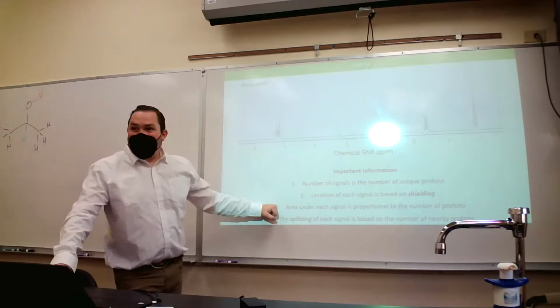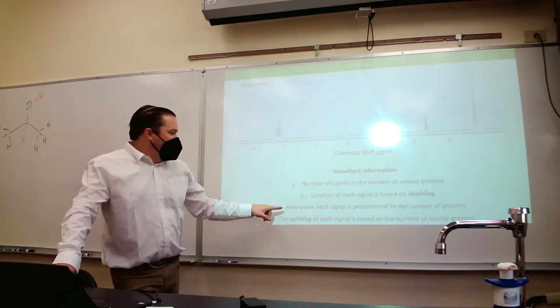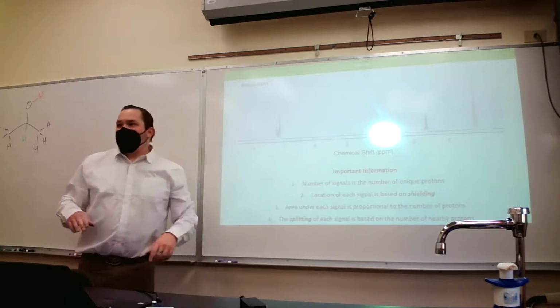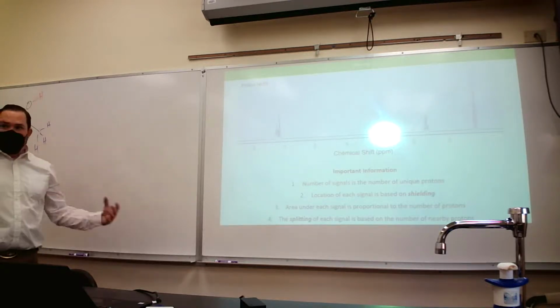Here's the other way that we can figure out which signal goes with which protons, is that the area under each signal is proportional to the number of protons. So not the height of the peak, but the integral of the peak. So just like with GC, right? You guys had to integrate the peaks to figure out what your mole fraction was. The area under the peak was proportional to the moles.